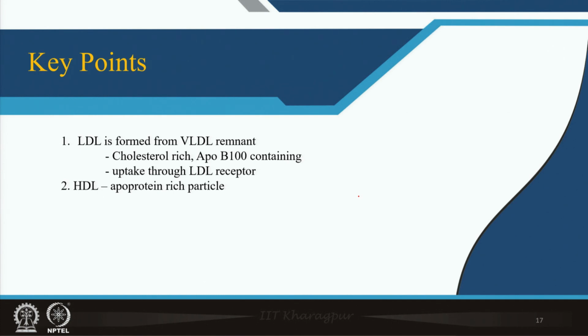And then HDL metabolism: this HDL molecule is an apoprotein rich particle which continuously takes cholesterol from the peripheral tissue, and it is important for exchange of triacylglycerol and cholesterol with other lipoprotein molecules, and HDL also acts as the reservoir of different apoproteins.